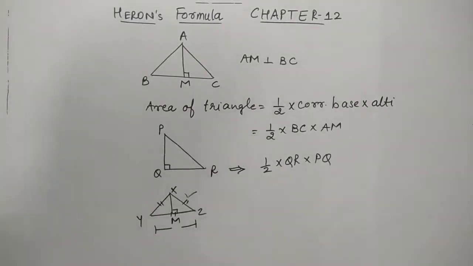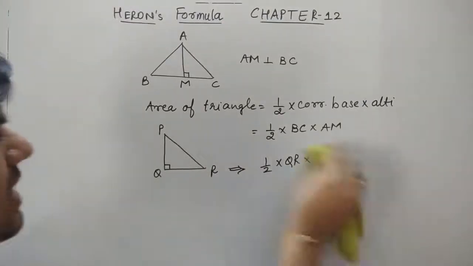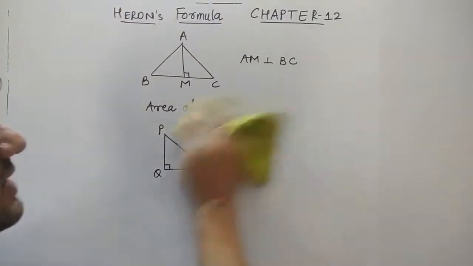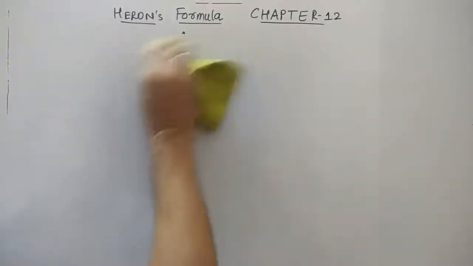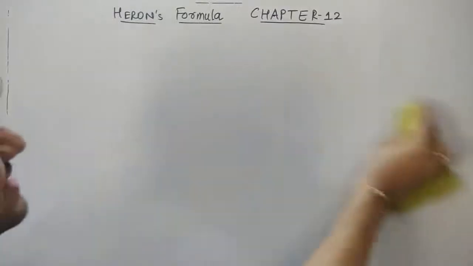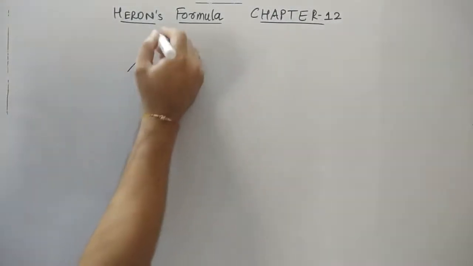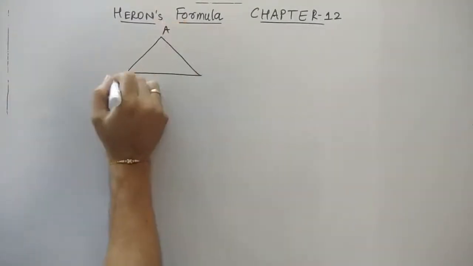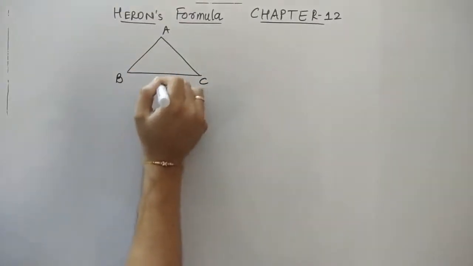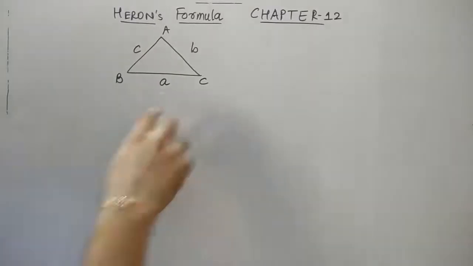Now what we are going to learn, this whole chapter, is all about the area of a triangle. Now if we do not have the length of the altitude, or the triangle is not equilateral or isosceles, if it is a scalene triangle where the lengths of all the sides are different, suppose it is A, B and C, where A, B, C are totally different numbers from each other.